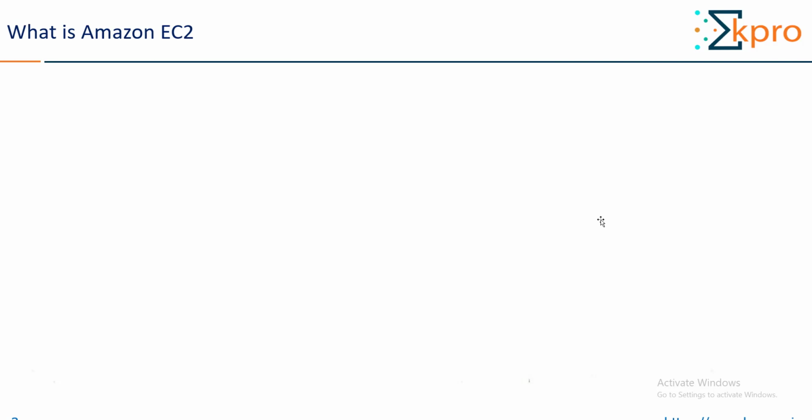EC2 is a service provided by Amazon to launch your server. Very simple, to launch your server. Like on premises, if you have to launch a server to run some application, you have to provision the compute information. What is the computing information?